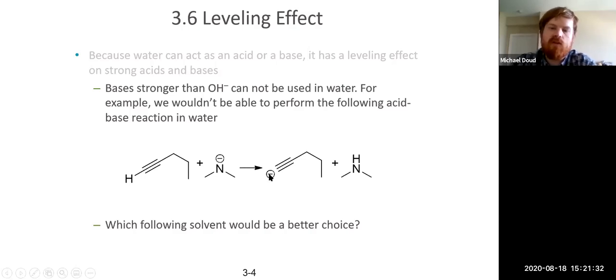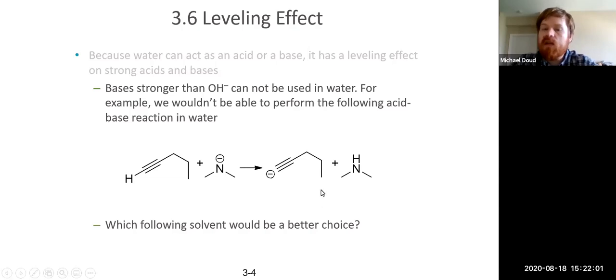If we were to do this reaction in water, what would happen instead is this nitrogen would be protonated by H2O, forming hydroxide ion. And the hydroxide ion is not strong enough to actually pick up this proton from this alkyne. So this reaction wouldn't be able to occur because this base is too strong. I hope that makes sense. That's what we call a leveling effect. It means it takes your strong base and turns it into OH-, which is not as strong of a base.